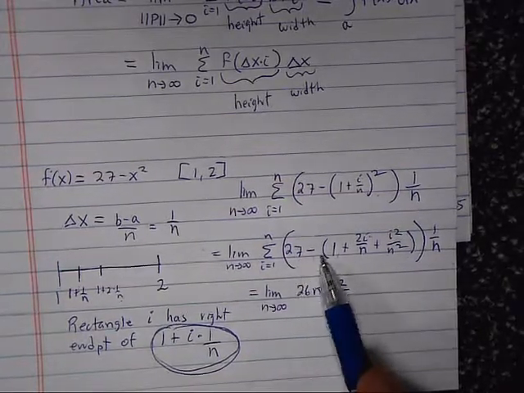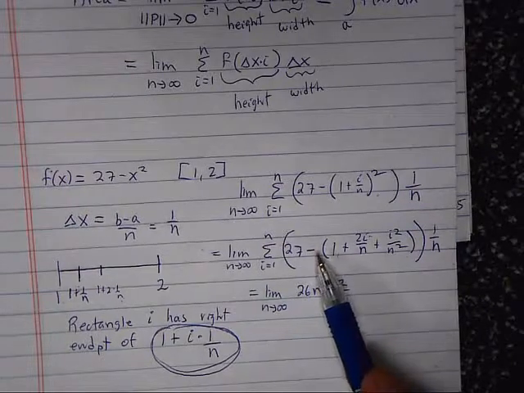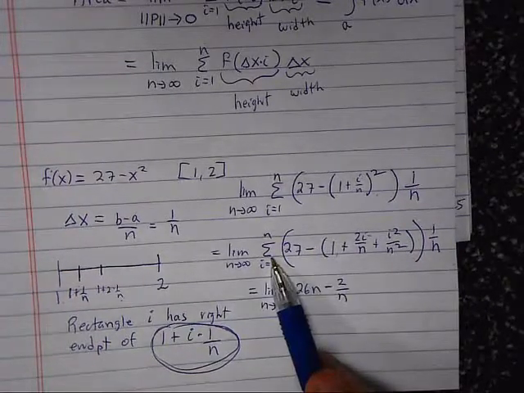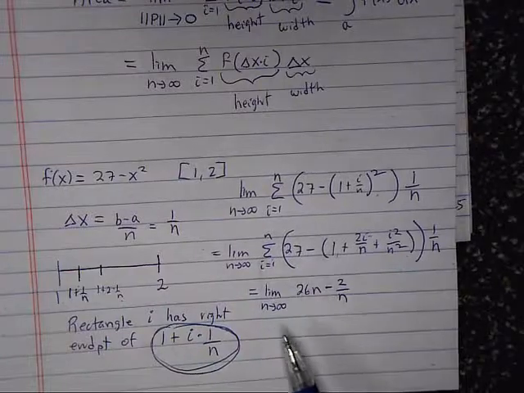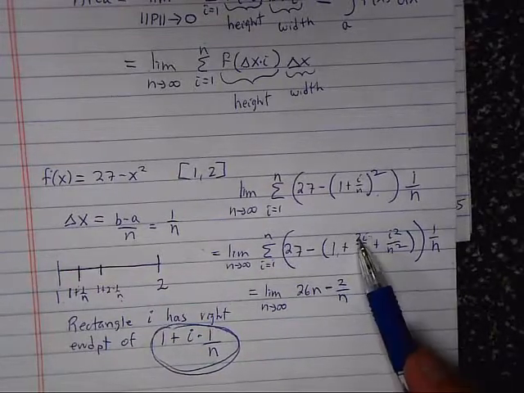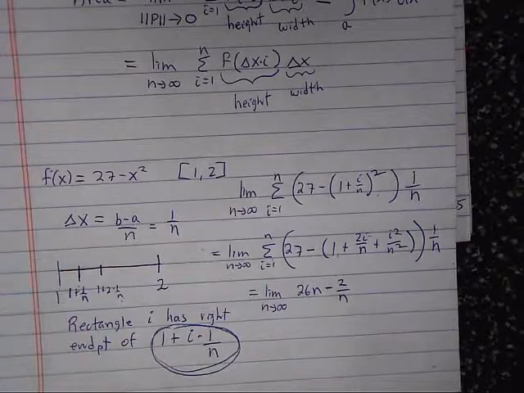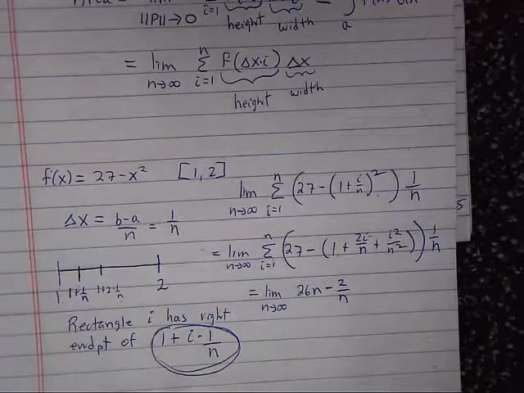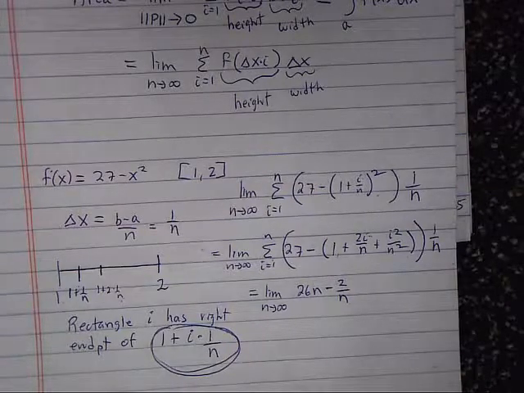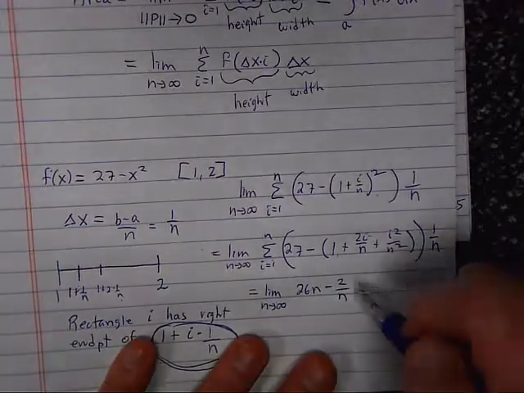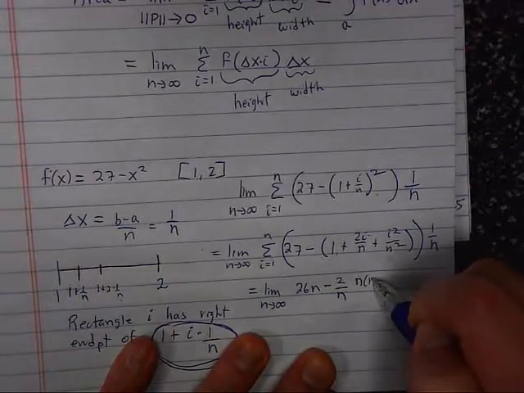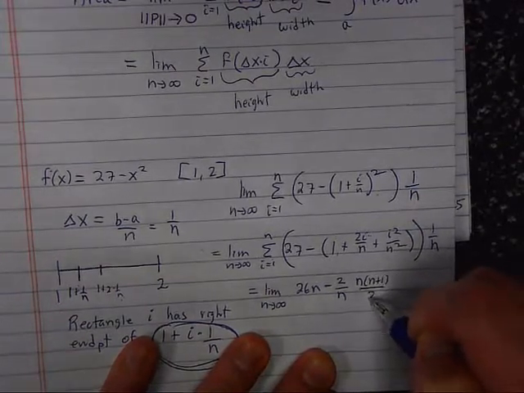I took 26 plus 26 plus 26 plus 26, and I added it up n times. All right, so now I've got the 2 over n, and then I've got the sum of i. What was my formula for that again? 26n is the formula for 26 plus 26 plus 26 over and over again. The formula for adding up i is n times n plus 1 over 2.